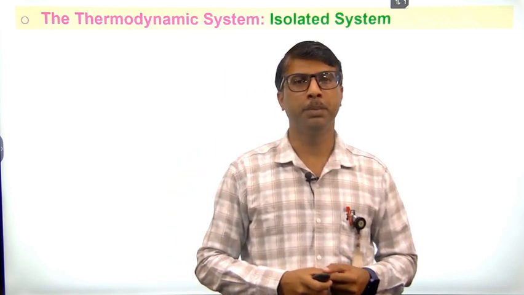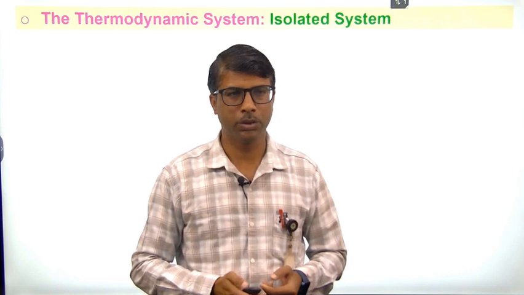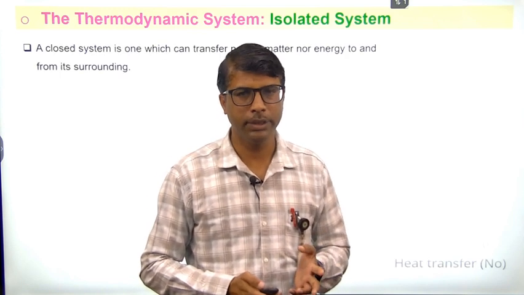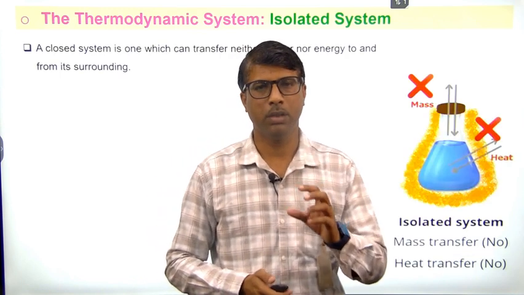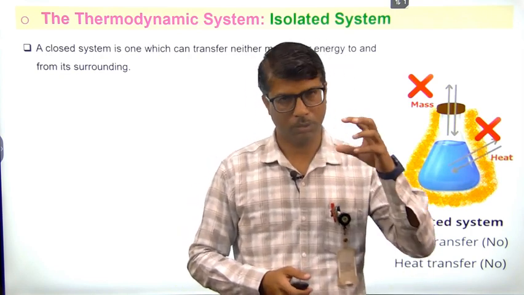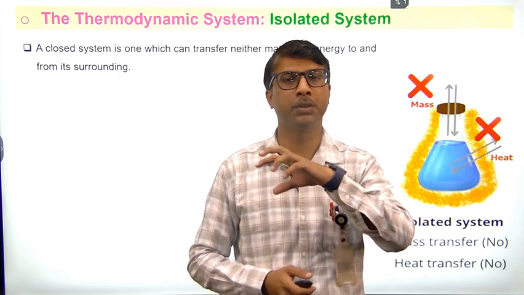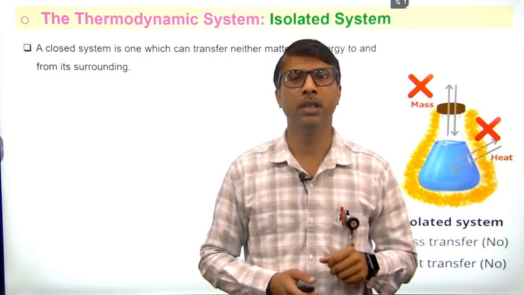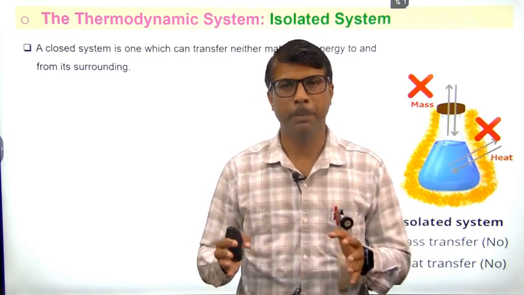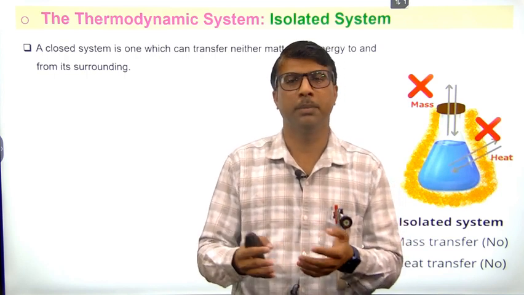The third important system is the isolated system. Here we also make some addition. In the case of the hot water containing conical flask, we close the opening of the flask. Along with that, we insulate the conical flask by means of glass wool or other material.